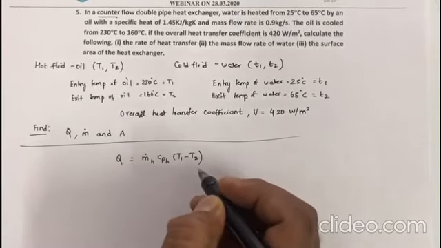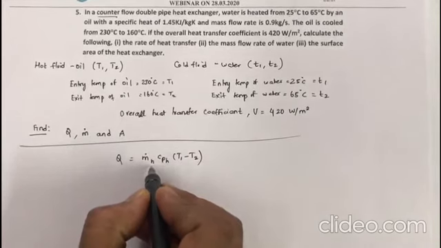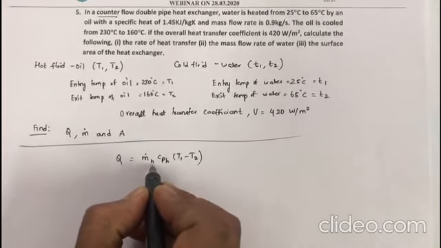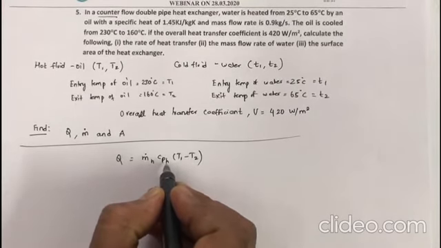So this is your m Cp delta T. H denotes the hot fluid, and this is the mass flow rate of the hot fluid, and this is the specific heat capacity of the hot fluid.